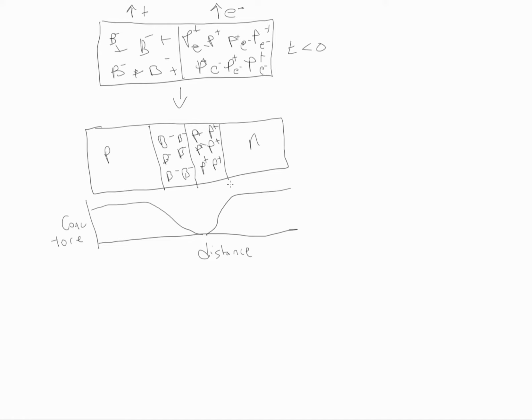And because of this concentration gradient, the electrons want to diffuse over to the p-type, and the holes want to diffuse over to the n-type, because over in the p-type the holes are high concentration and in the n-type they're low concentration, and vice versa.